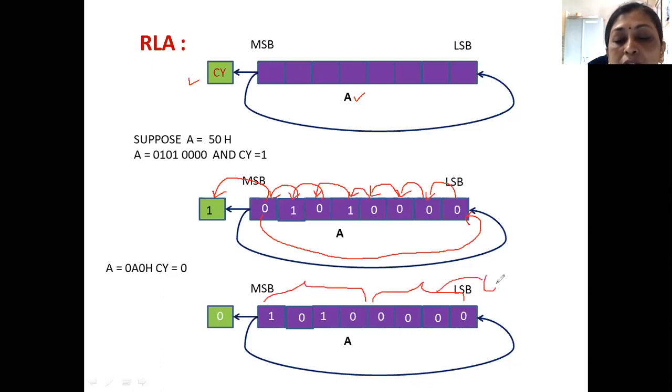Equivalent of this is 0. Equivalent of this is 10, and 10 means it is A. So in the accumulator, you will be getting A0H. We write 0 preceding the A because it is a number, so there is a method to write 0 before A. And the carry flag is also 0. Earlier it was 1, now it has become 0.